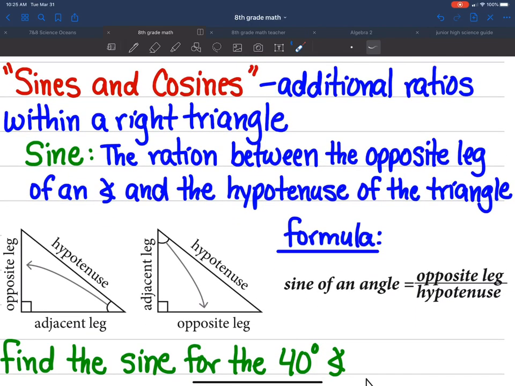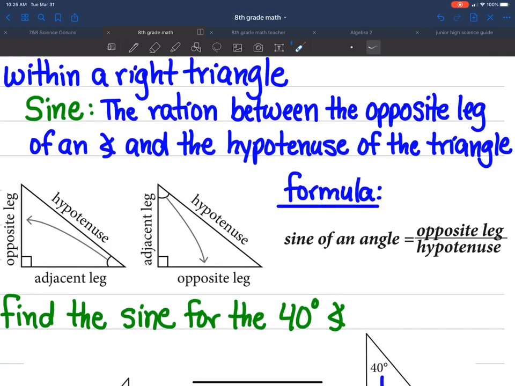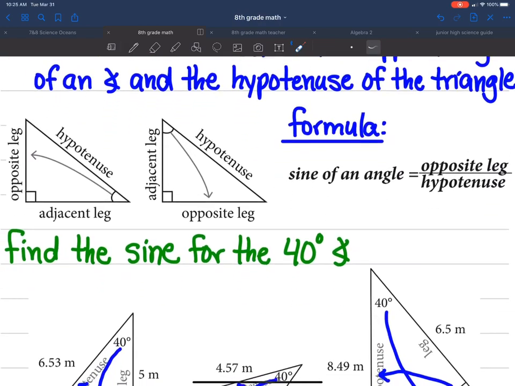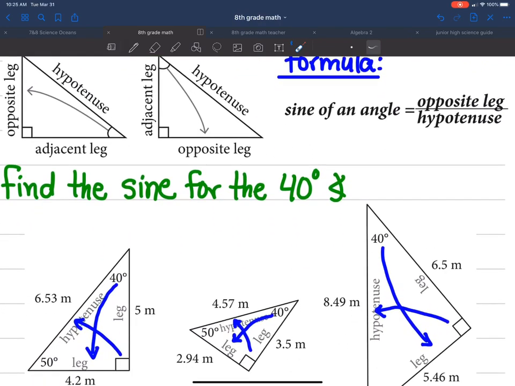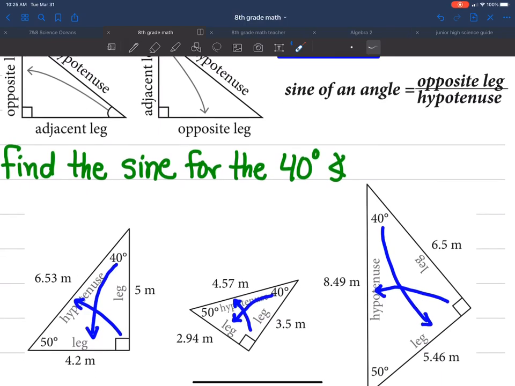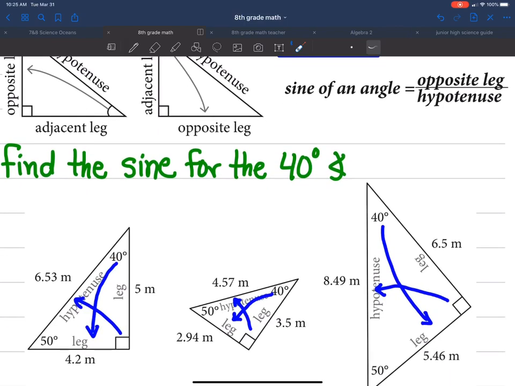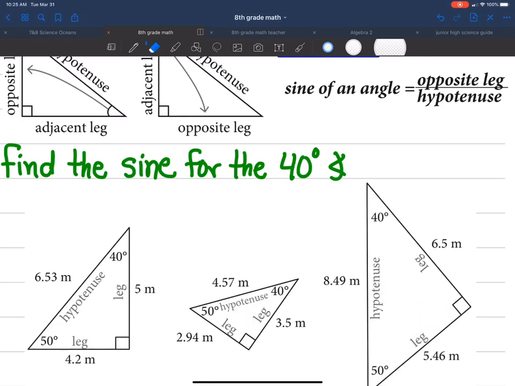Now let's find the sine for the 40-degree angle in the following right triangles. Here we have several angles. Let me erase these so that we can go through them ourselves. The 40-degree angle is right here, and we want to find the sine for the 40-degree angle.